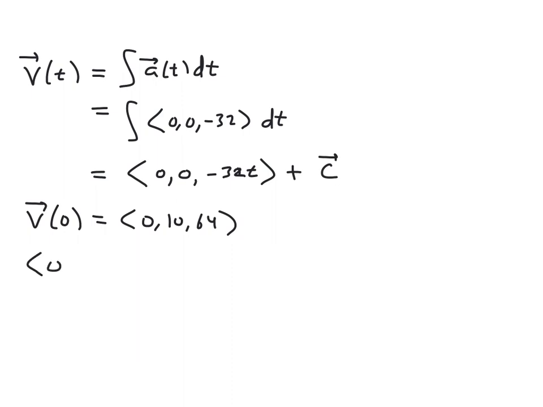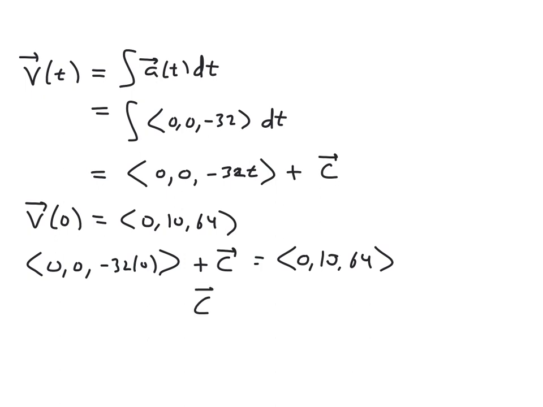So we get 0, 0, and I'm going to write negative 32 times 0 in here, but of course that's equal to 0. So we need v of 0 equal to this, and from this we can conclude that this constant vector c must equal 0, 10, 64.